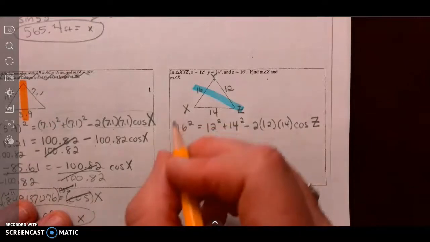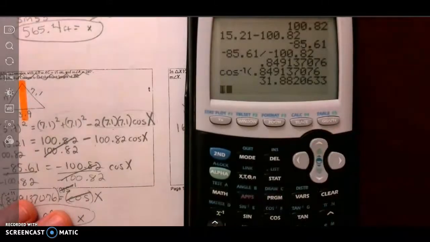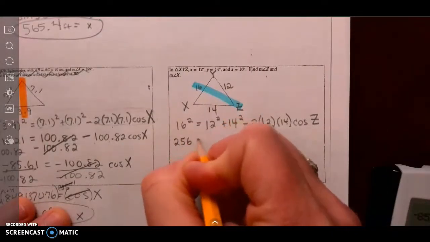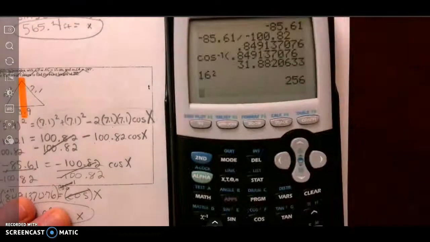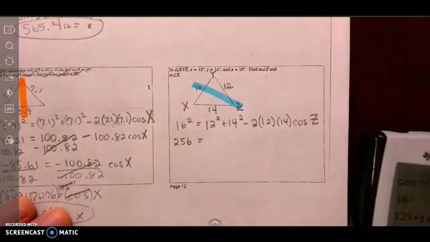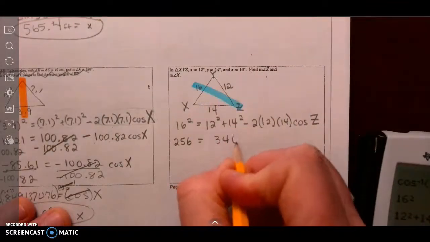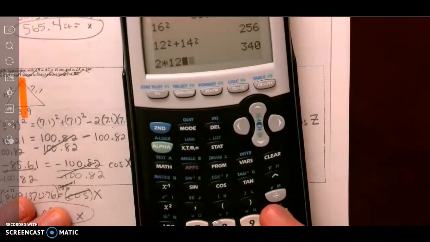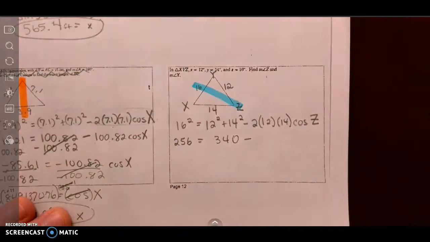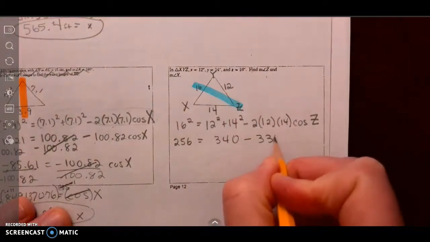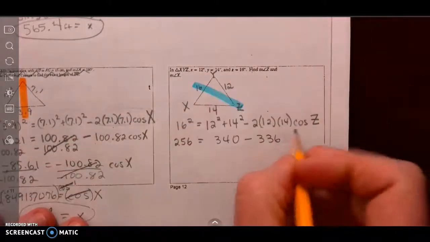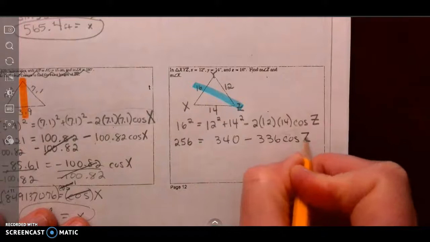Alright, I'm going to keep going. When I square 16, I get 256 is equal to, I'm going to go ahead and do my 12 squared plus my 14 squared, 340, minus 2 times 12 times 14, 336, cosine of z.